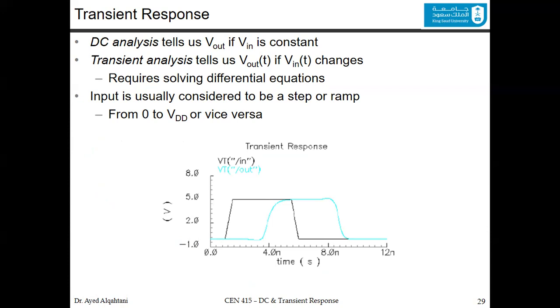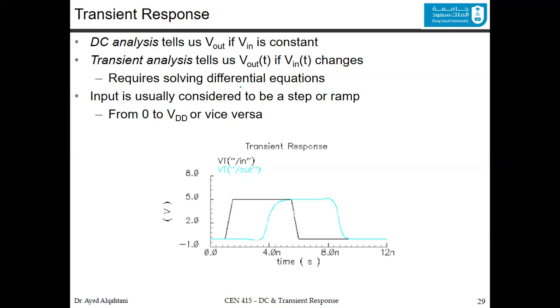It's not the focus in this class, but the transient response, compared to DC: the DC analysis tells us the V output if the V input is constant for a long period of time. The transient analysis tells us the relation between the input and the output over time. So as the input is changing, what will happen to the output?